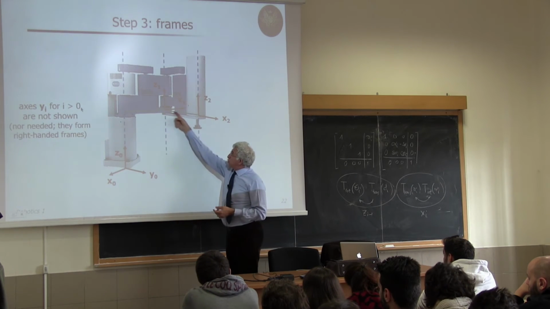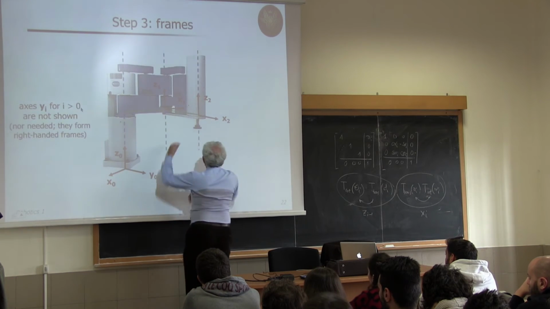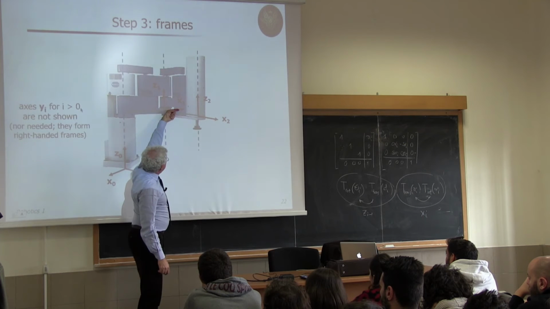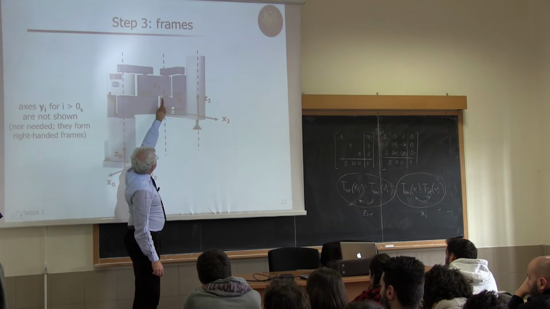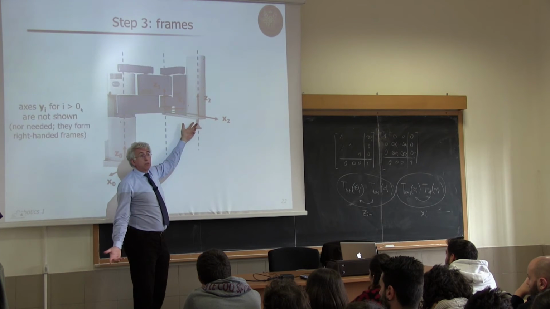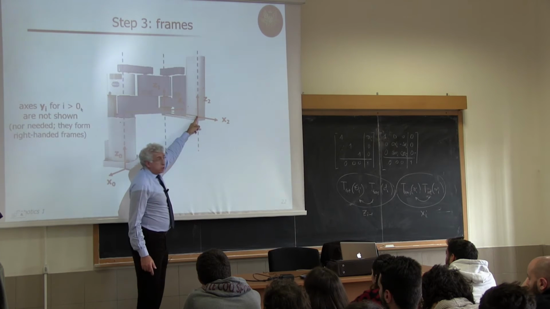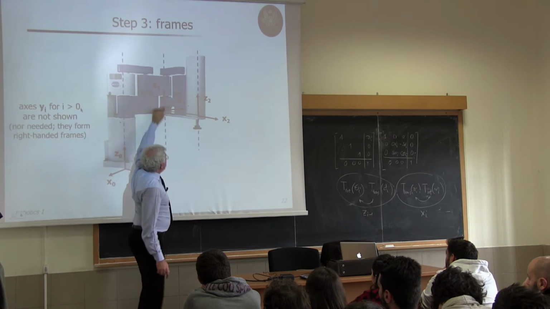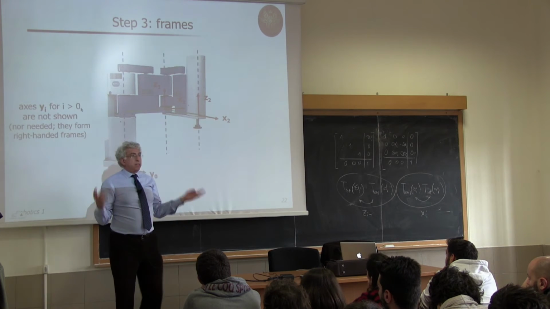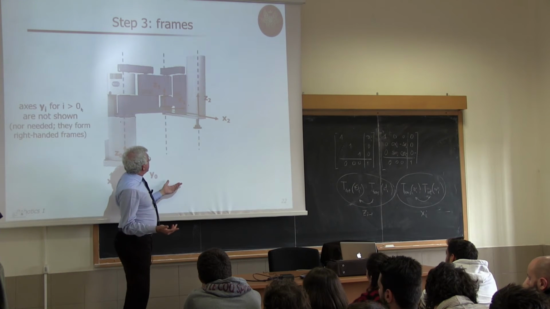Then I have chosen the common normal at the same height as this, so that x2 will be chosen in the same way. And this angle between x1 going to x2 around z1, so around joint axis 2, will be theta 2, the second joint variable. There will be a positive a2 for going here. There will be no d, because these are at the same height. No d parameter, so d2 equal to 0. Okay? And that's it.